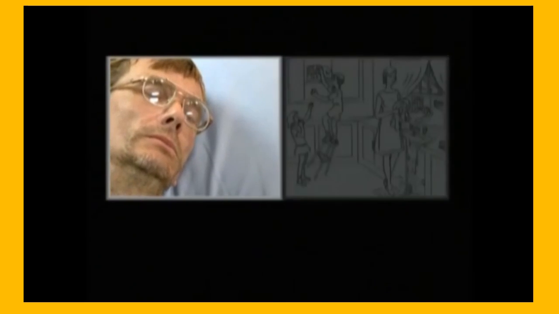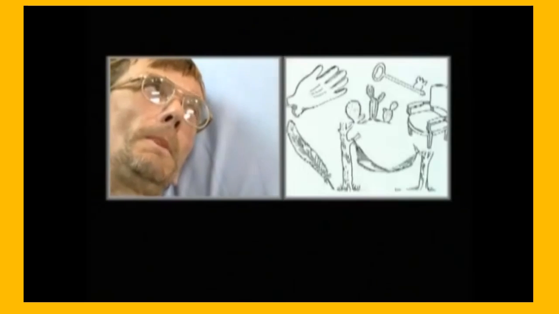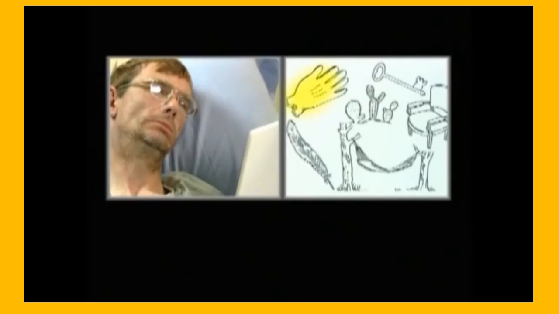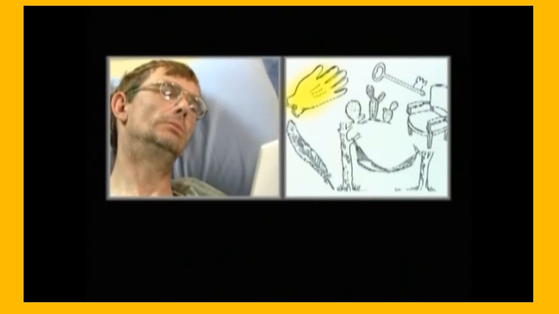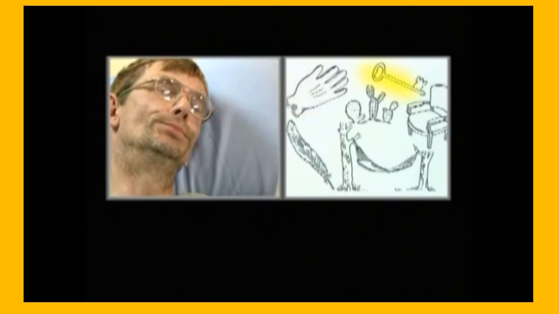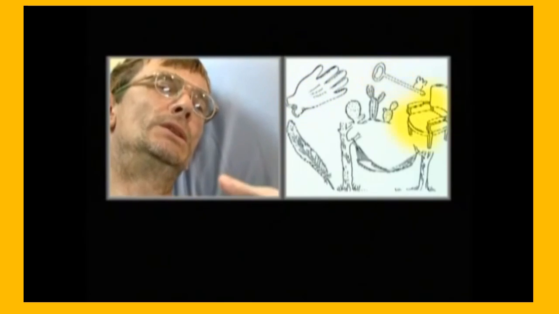Excellent. Okay. Now what I'd like you to do, I have another picture, and I'd like you to take a look at this and tell me what that object is right there. What is that right there? Can you tell me the name of that object? Globe. Excellent. How about this one? Key. How about Chair.